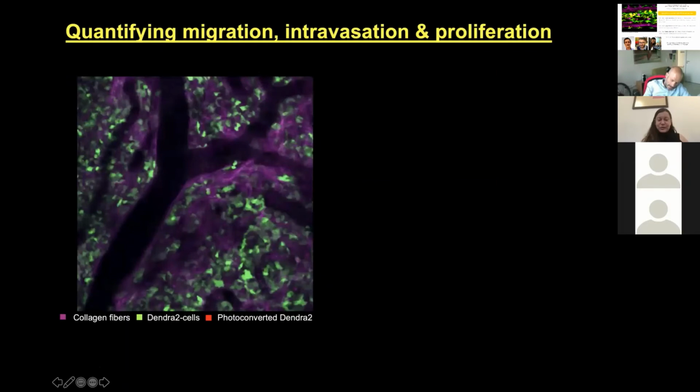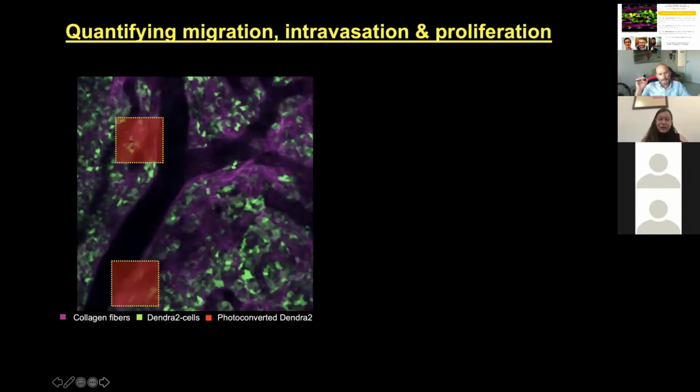And here I'm just showing you first the static image of the primary tumor, primary breast carcinoma. And here the blood vessels are not labeled, so they're black, and the purple is for collagen fibers, and the green is for photoconvertible proteins.